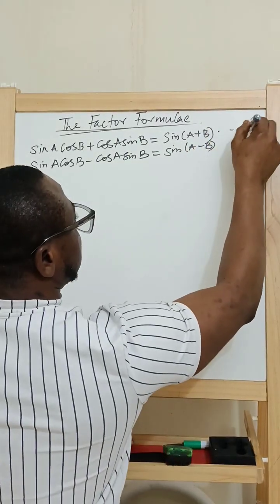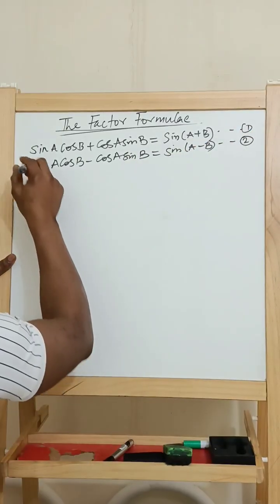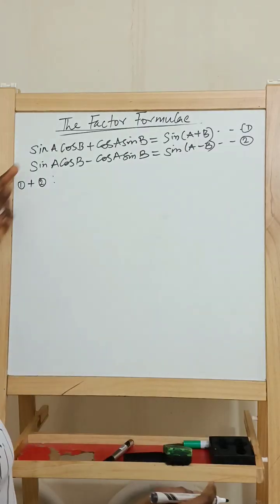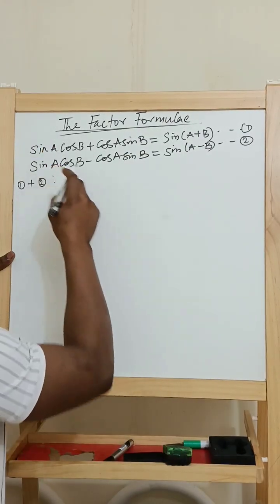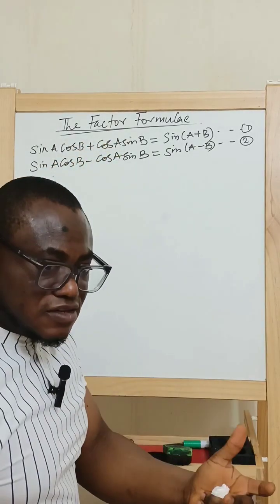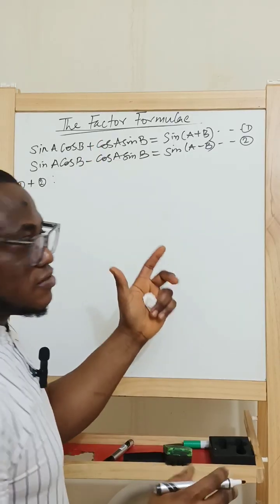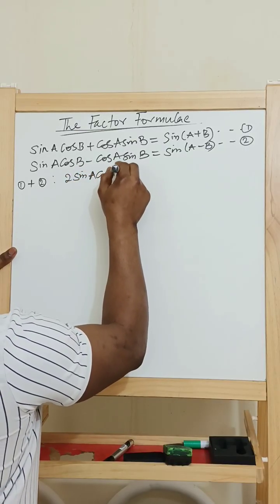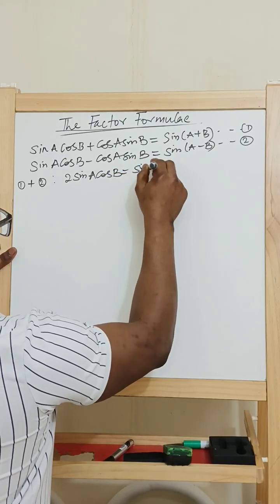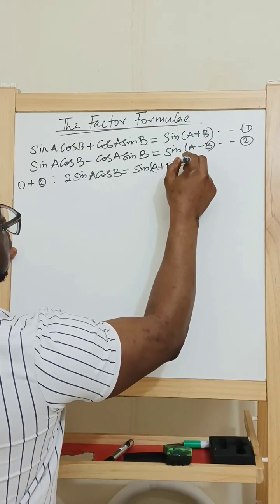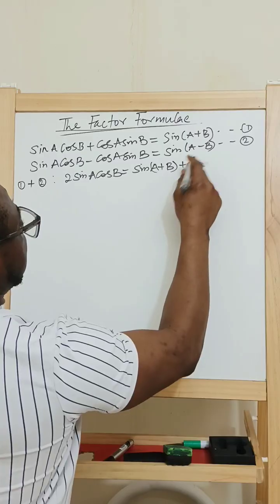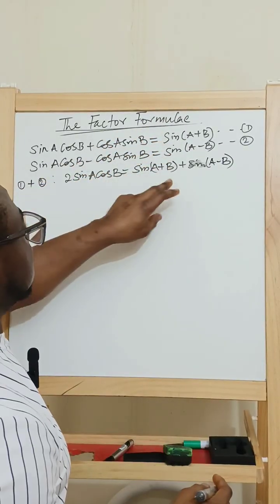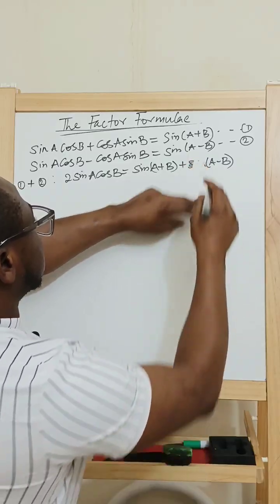If this is equation 1 and this is equation 2, if we add these two together, 1 plus 2, what are we going to get? This and this are going to add, while this and this will be 0, because plus and minus will be 0. So that will be 2 sine A cos B is going to be sine A plus B plus sine A minus B, right?